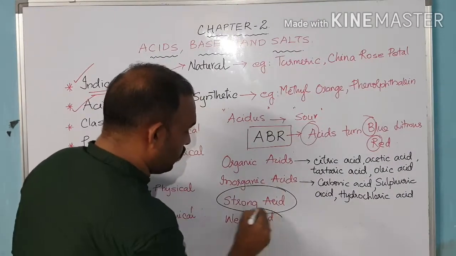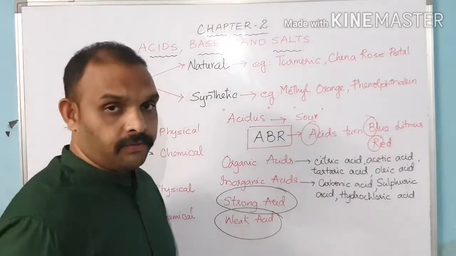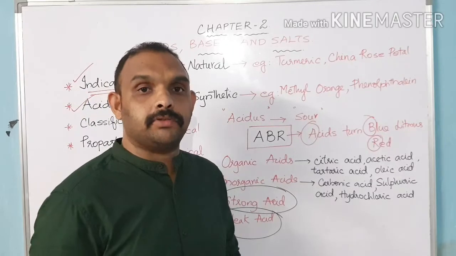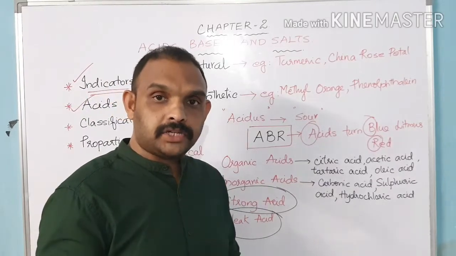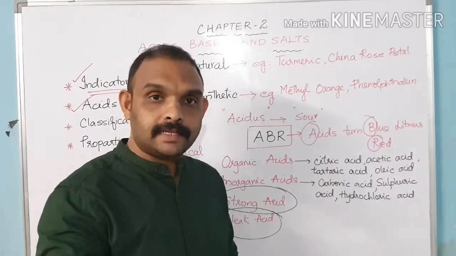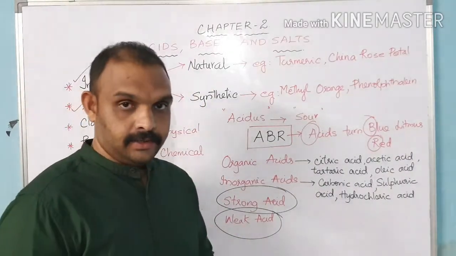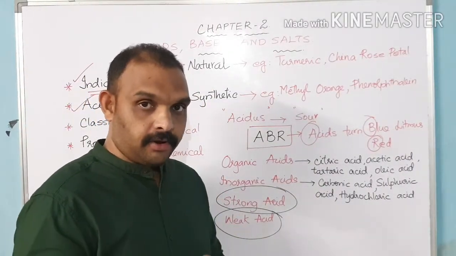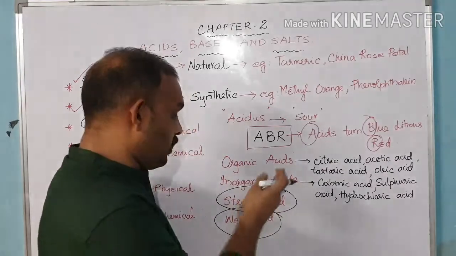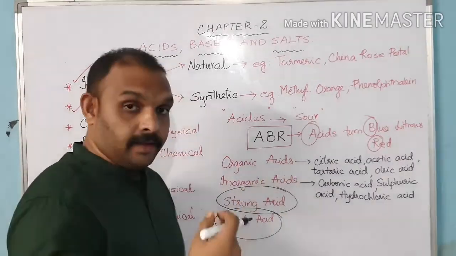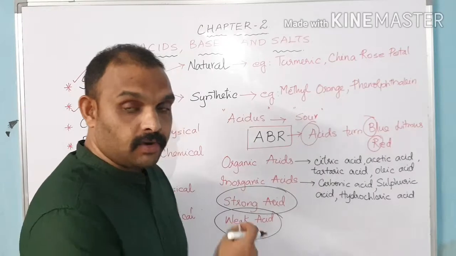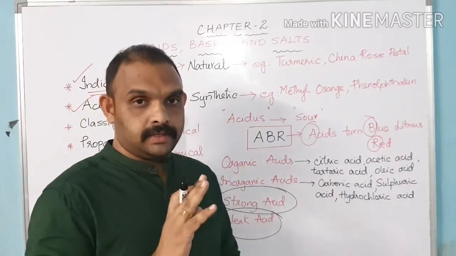Then what about weak acid? Just the opposite of it. If an acid in aqueous solution dissociates partially to give fewer H plus ions, then we call it a weak acid. I hope it is clear to you all.